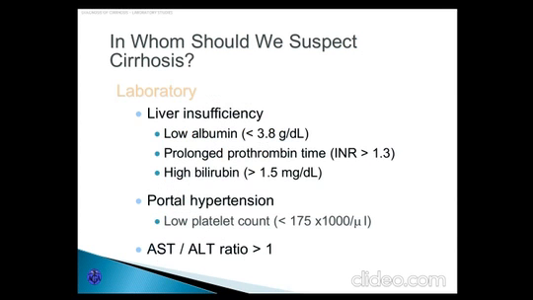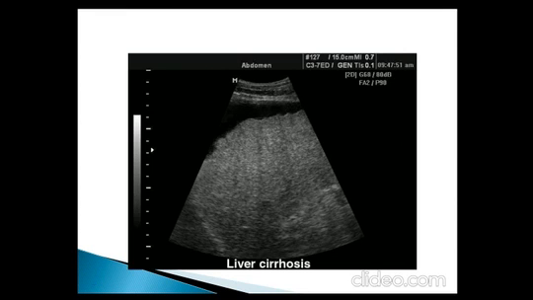So there is liver insufficiency, low albumin, prolonged prothrombin time, high bilirubin, portal hypertension, AST-ALT ratio greater than 1. So this is again the sonography, wherein you have liver cirrhosis findings.